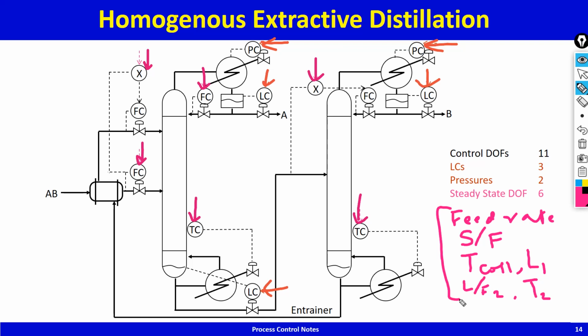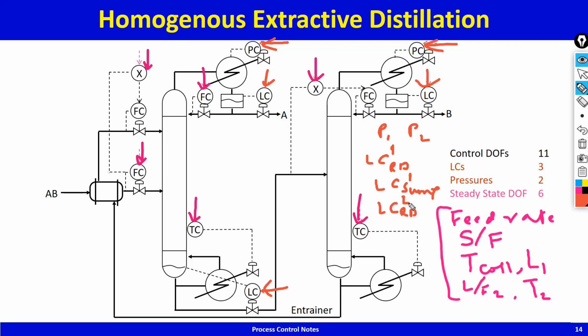And then of course the other 5 are pressure of column 1, pressure of column 2, level control of the reflux drum for column 1, level control for the sump of column 1, level control of reflux drum of column 2.